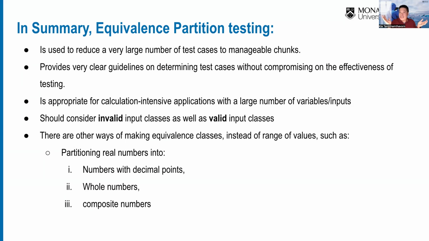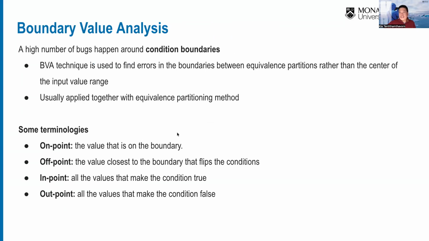We don't need 6, 7, 8, or 10 at all. And sometimes you should consider the invalid input classes as well, or the negative scenarios, whether the input is something else, let's say a Boolean value, true, false, that kind of thing. That's all. The next step, I'm going to teach you about boundary value analysis.